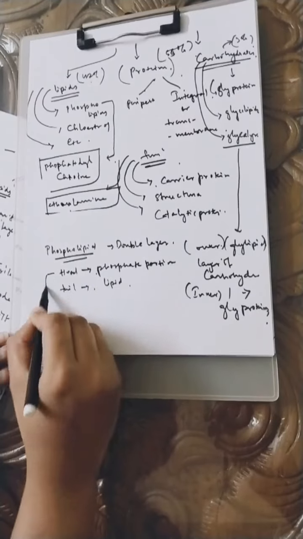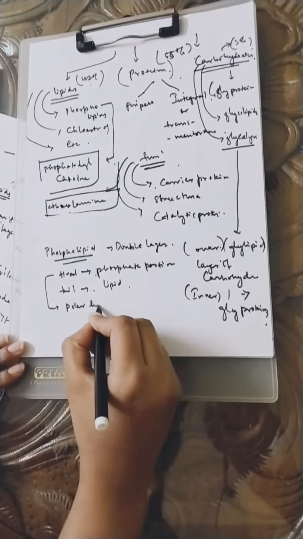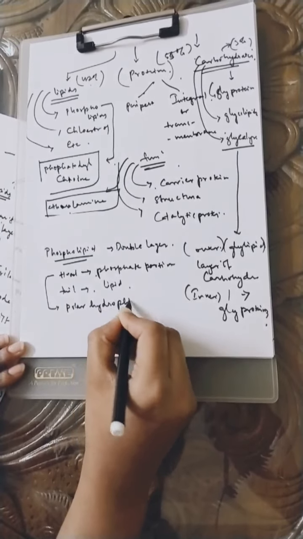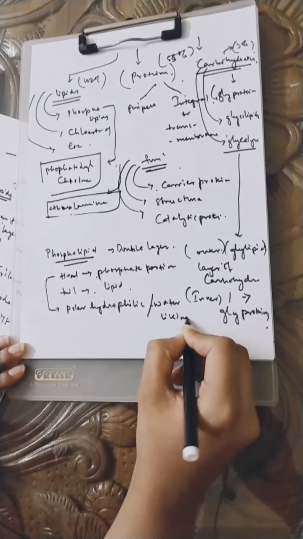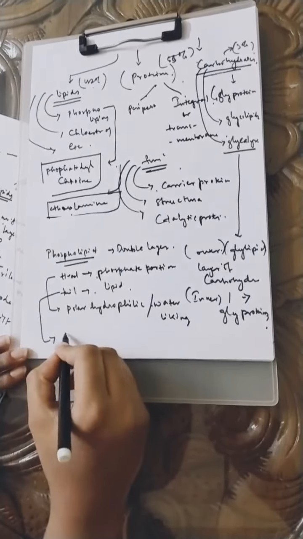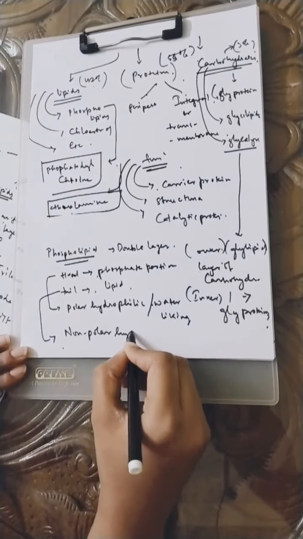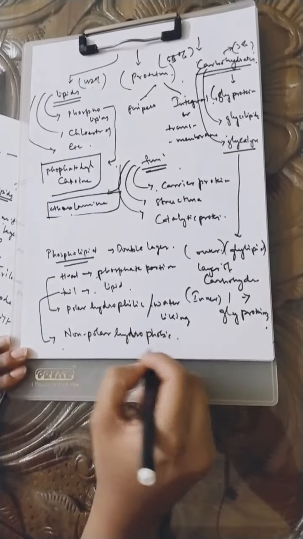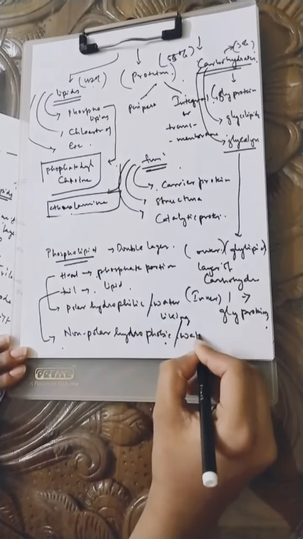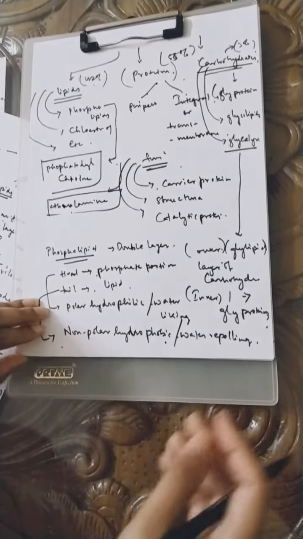The head is the polar, hydrophilic or water-liking part. The tail is the non-polar, hydrophobic, or water-repelling part. So this is the structure.